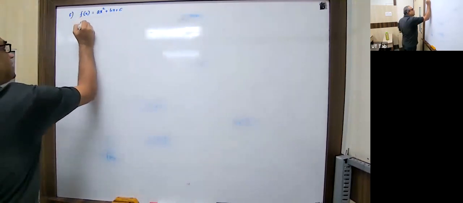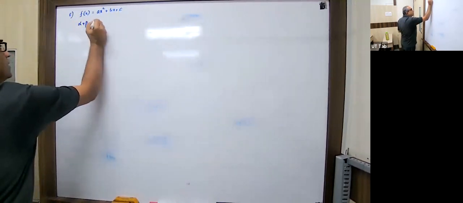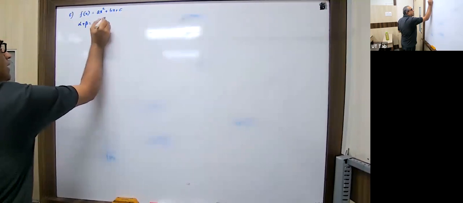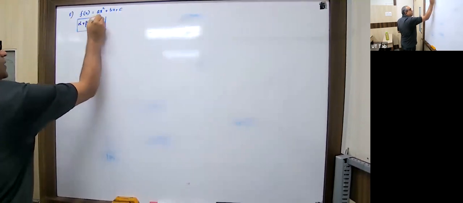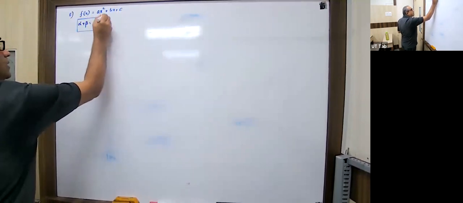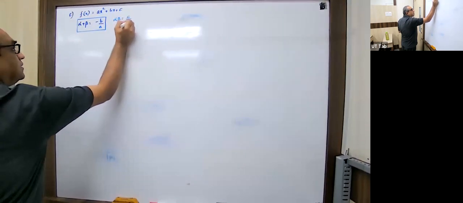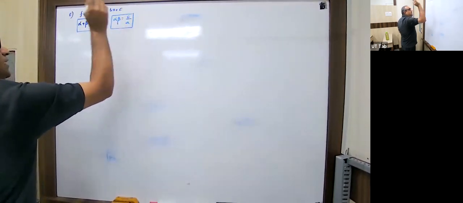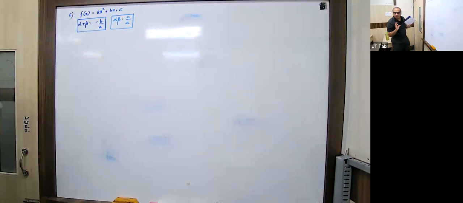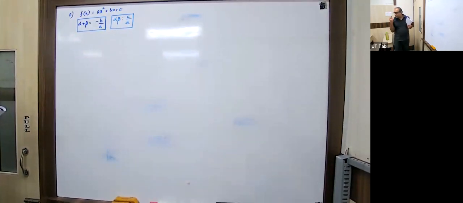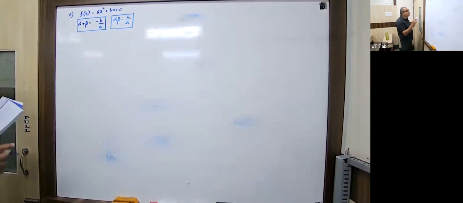What is alpha plus beta? Minus b by a. What is alpha into beta? C by a. बॉक्स में डाल के रखने, टीचर को यही दिखना चाहिए, मुझे भी यही दिखना है, मुझे और कुछ नहीं दिखना चाहिए.